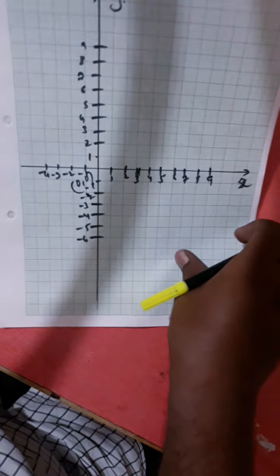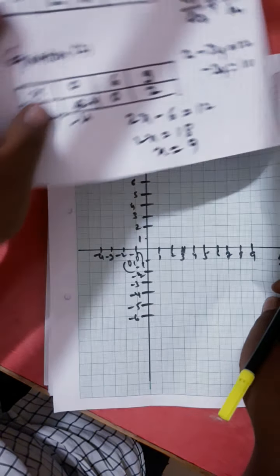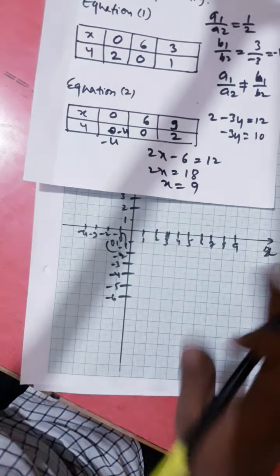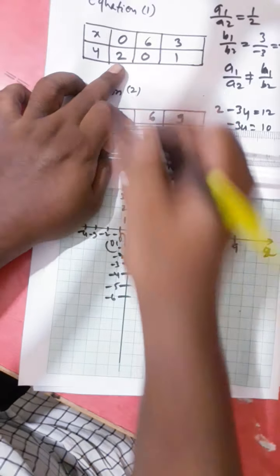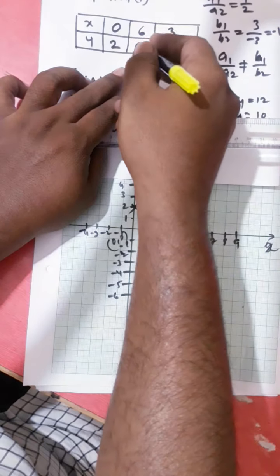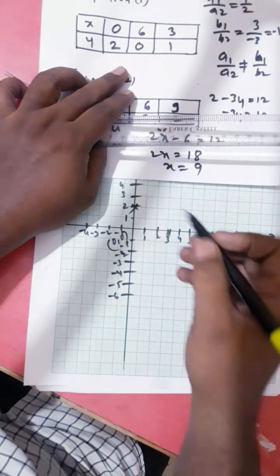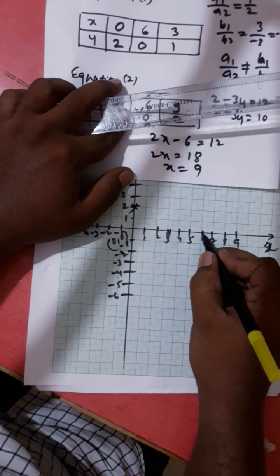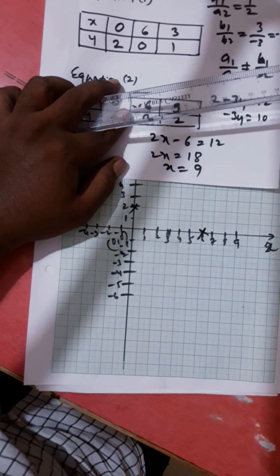See the first line. What are the values for the first line? First line, note once, 0 comma 2, x is equal to 0, y is equal to 2. 6 comma 0, x 6, y 0, then it will be here.